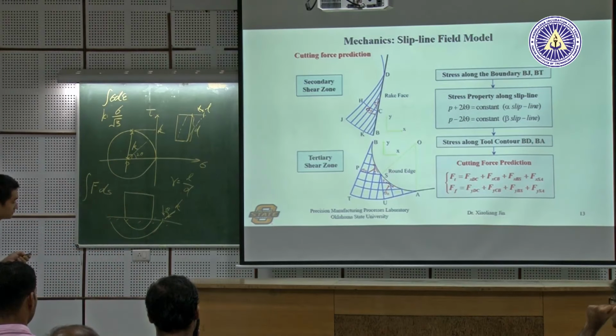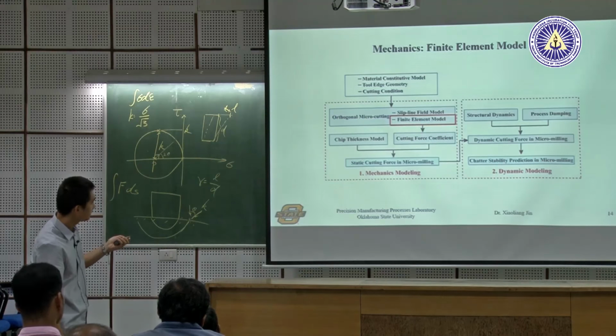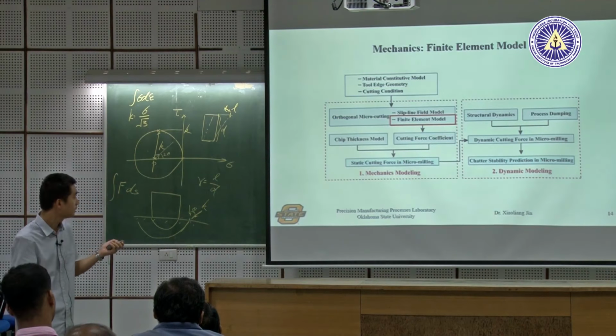Okay, so now, this slip line is an analytical method, okay? We also tried to use a numerical method, a finite element model, to see what's the difference between the analytical and the numerical models here, okay? Maybe someone already has experience with certain FE software, right? Abaqus is a general purpose FE software to simulate any deformation processes.